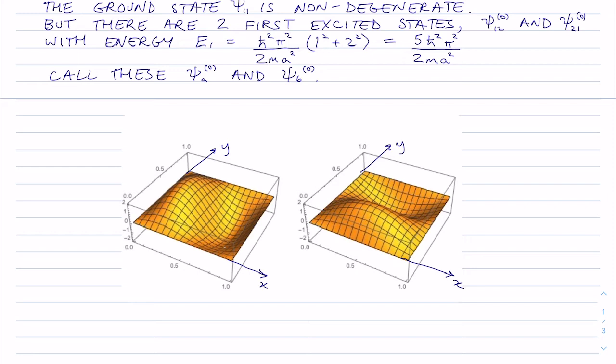So it's this one over here that is psi A naught, and on the left hand side there is an excitation in the x direction and no excitation in the y direction, so that one is psi B naught. But that's what they look like, and they're degenerate with each other clearly.